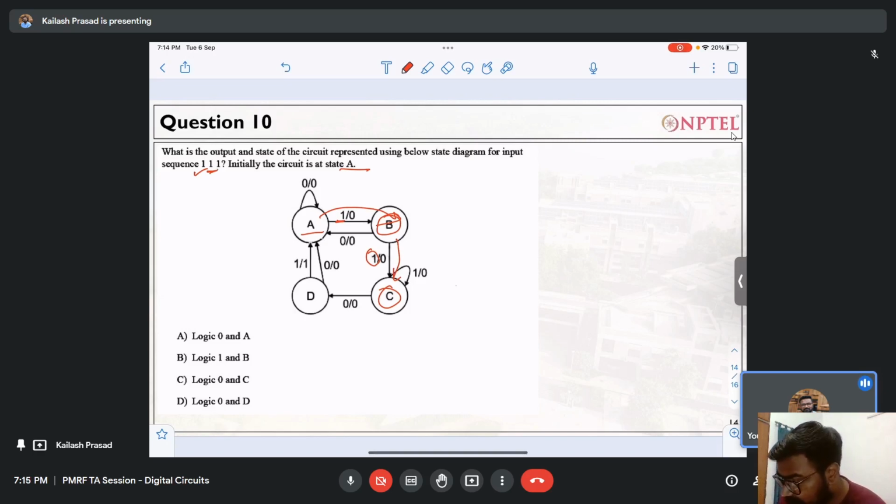If the third input is 1, I will check: if it was 0, I would go to D, but it is not the case. If it is 1, I will remain here. So the output is 0 and the state is C. Everybody is clear on that?